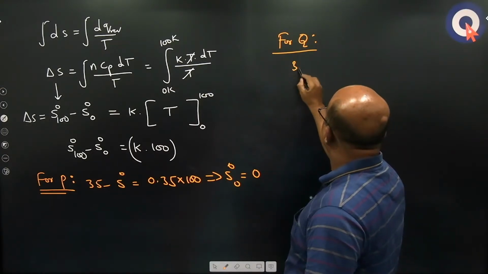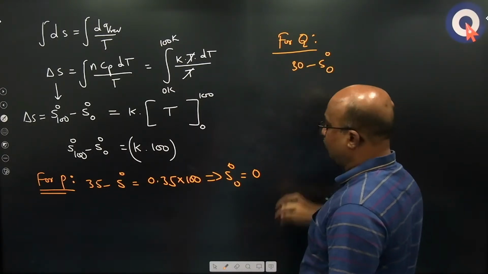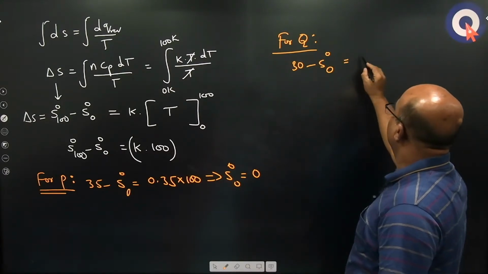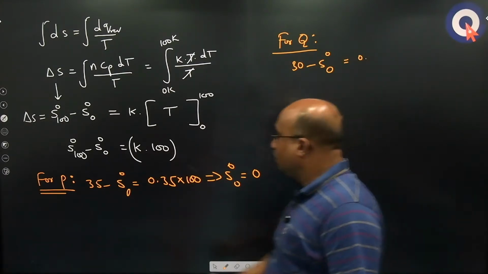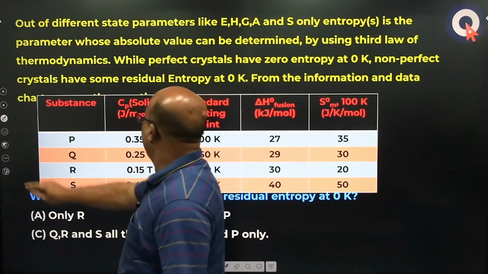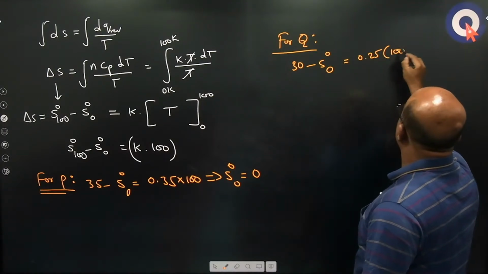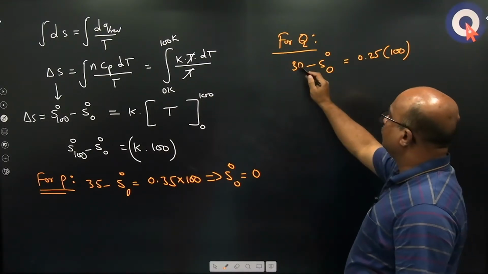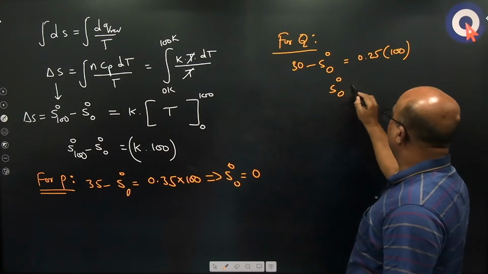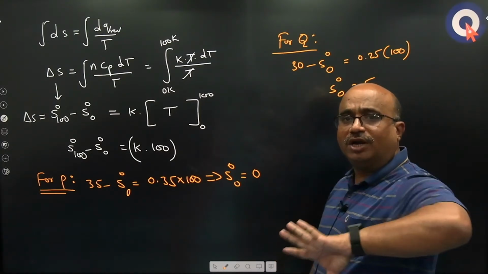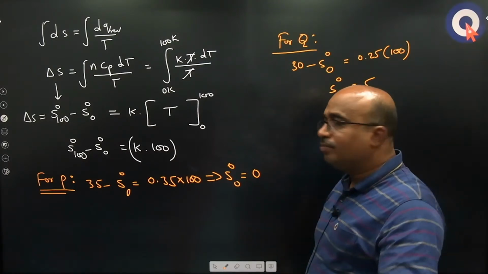It is 30 minus S naught at 0 is equal to 0.25 into 100. So this is 25, this is 30. So S naught at 0 will be 5. So it has some residual entropy at absolute 0.